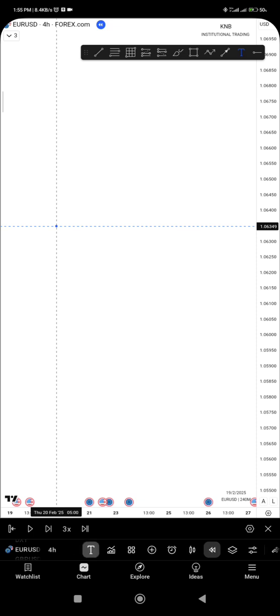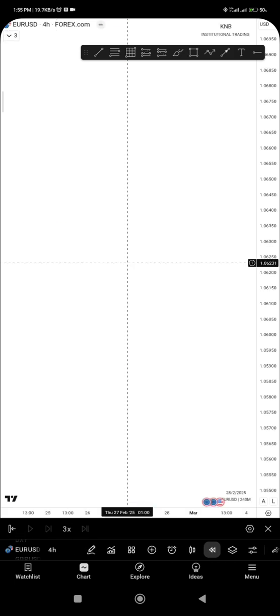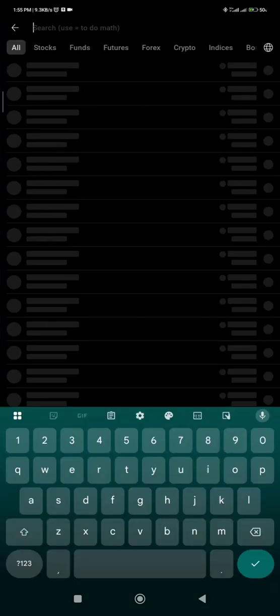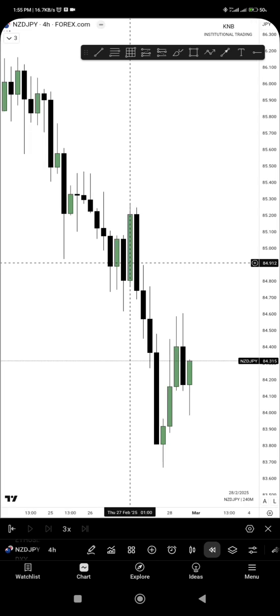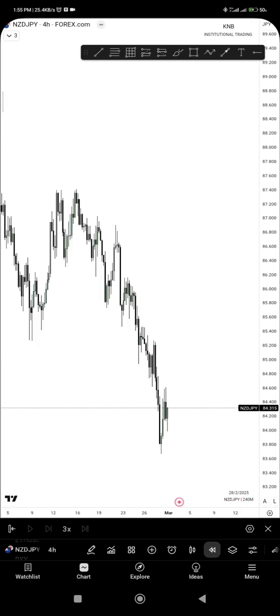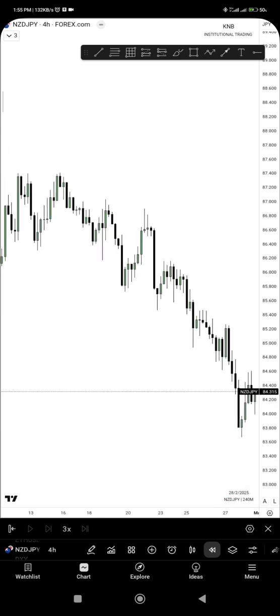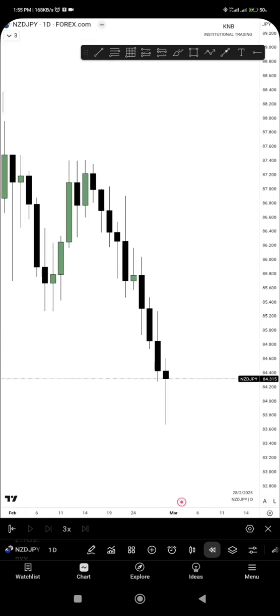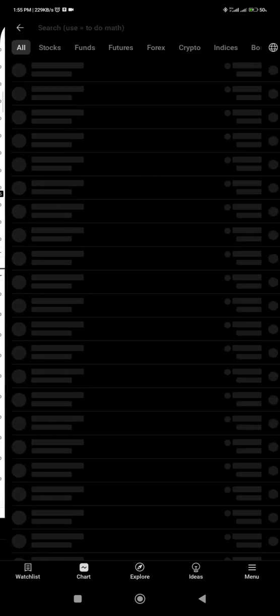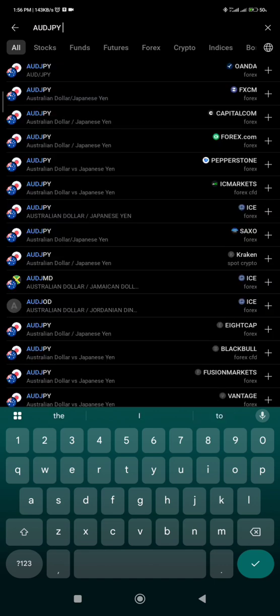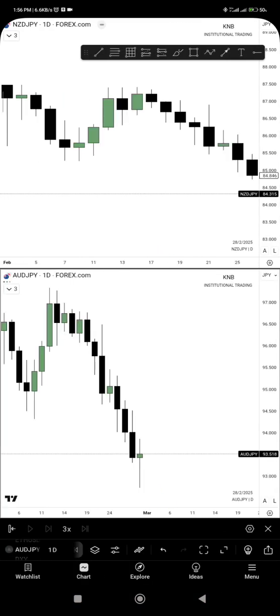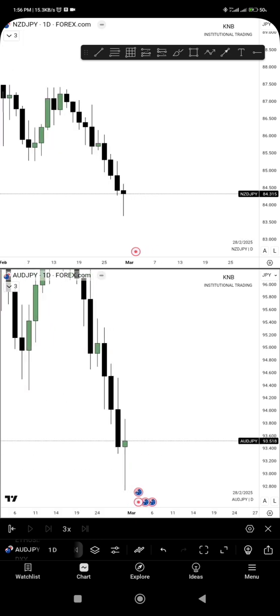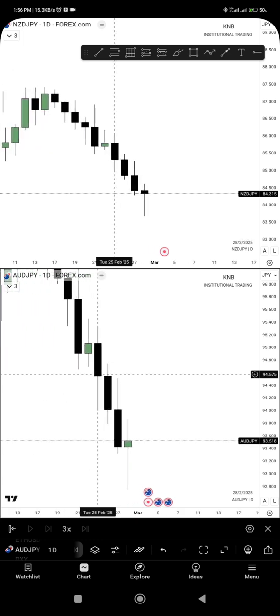Now, there's one of these trades I shared on my Twitter page this past week, AUDJPY. I took a trade on AUDJPY. Can I remember that trade? Daily. All right, let me pull up AUDJPY. Let me see if I can get that trade quickly. When did I take that trade?